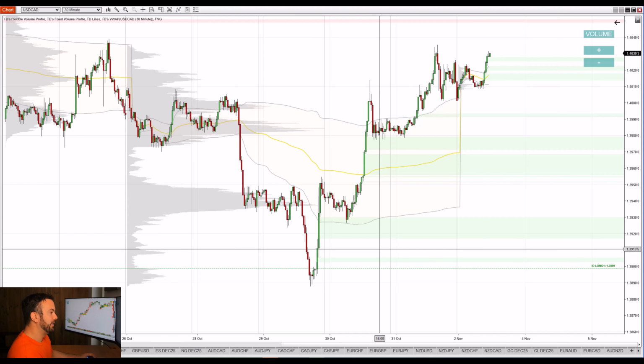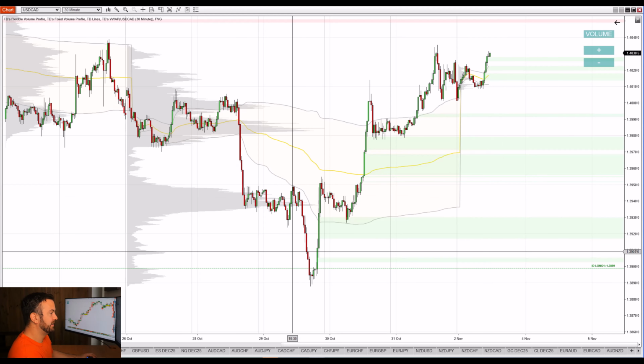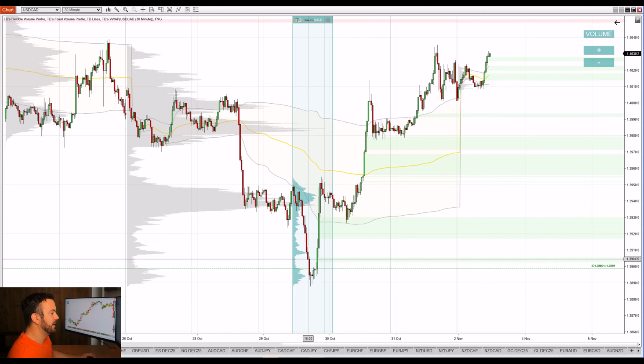What's also required is that there's a heavy volume zone somewhere around the place where the price turned. So for that we need a flexible volume profile, so we can look into that rejection area, specifically into it. And in here, as you can see, there's this heavy volume bump.